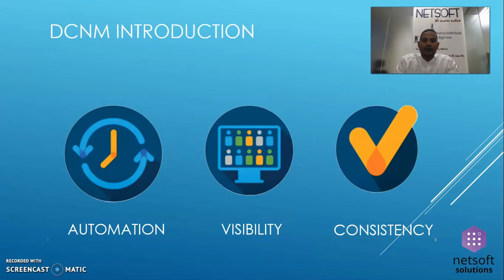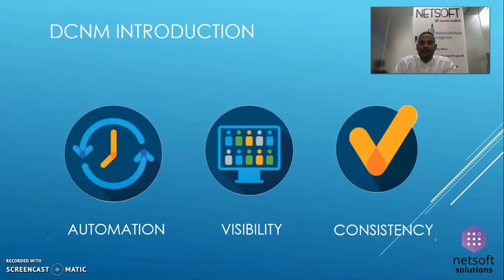So it supports three features: automation, visibility and consistency. The automation part, as I told you, supports template based installation. Just fill the template and your code will be automatically created, compared with your recommended code, and the configuration deployed. The second thing it supports is visibility.